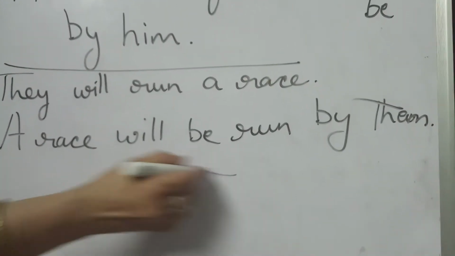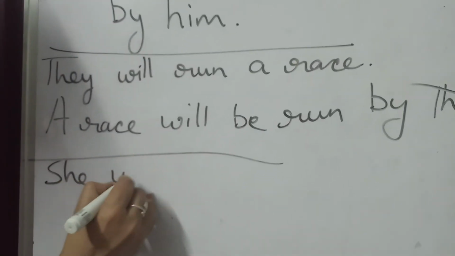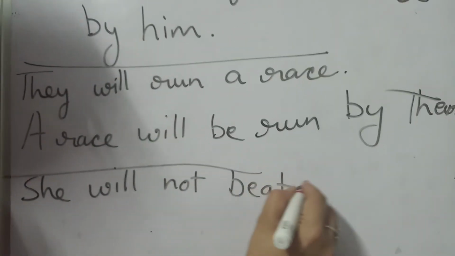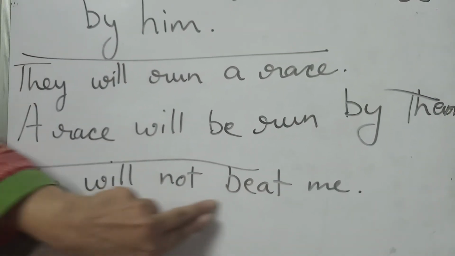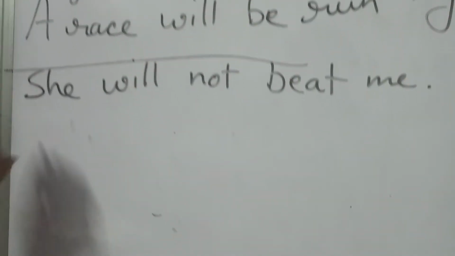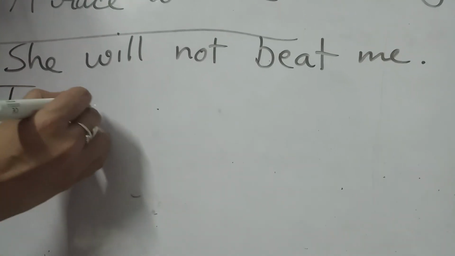Now we come to the next sentence. She will not beat me. This is the negative sentence that we are taking. Subject, verb, object. So me becomes I. Future word, will.